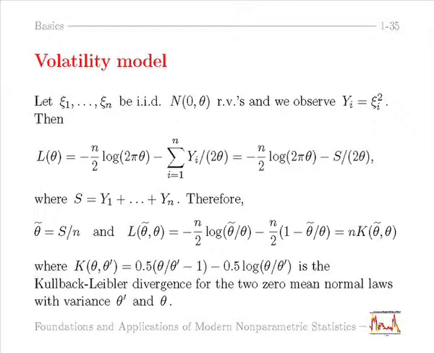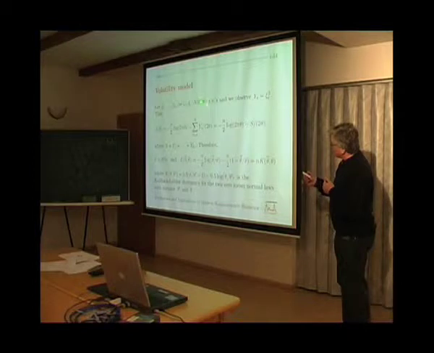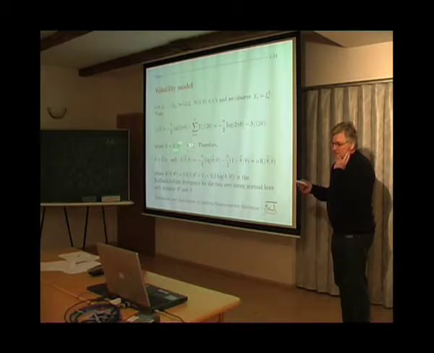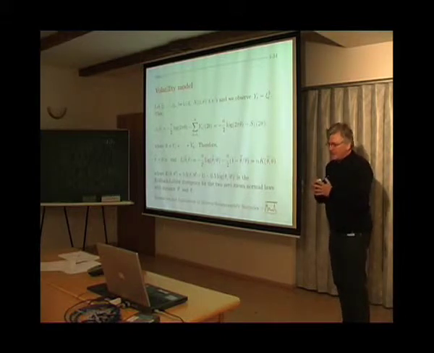So we observe, say, these squared psi's. That means the expected value of the squared psi's, you can see immediately is equal to theta. You can calculate the likelihood, and again the likelihood involves the sum of the y's, but each y is now a squared observation, squared psi's.